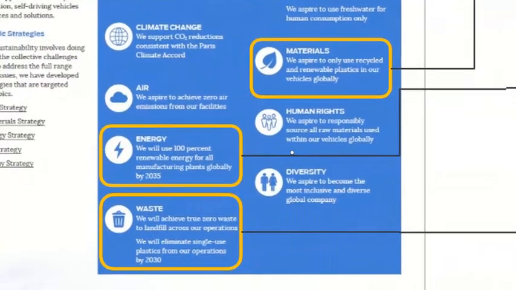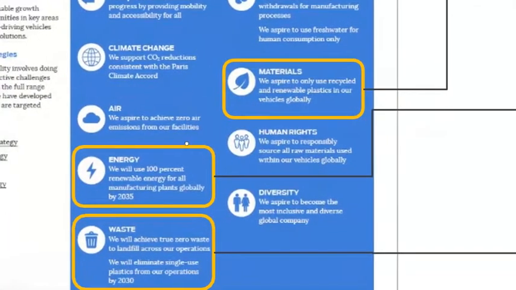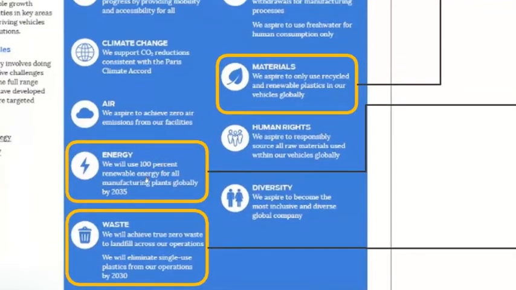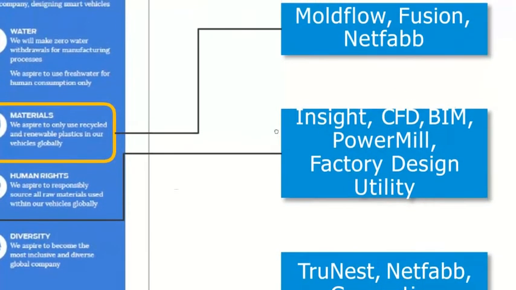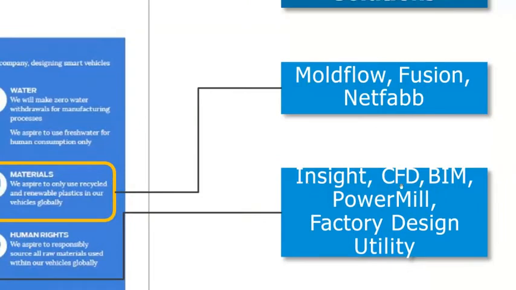Okay, so another one is the energy goals from Ford. We will use 100% renewable energy for all manufacturing plants globally. So what are the solutions from Autodesk for this? We have Insight, CFD, short for computational fluid dynamics.